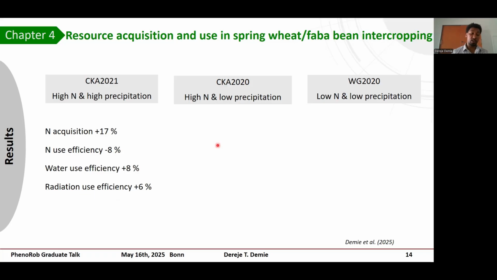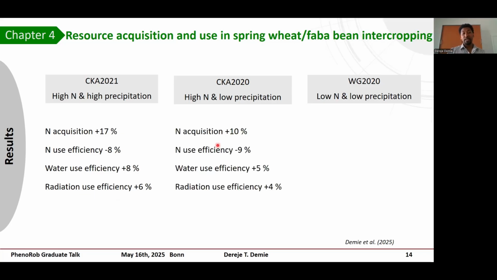Consequently, it also increases water use efficiency and radiation use efficiency to some extent. In CKA 2020, which is characterized by higher nitrogen and lower precipitation, intercropping relatively improved nitrogen acquisition, but it also reduced nitrogen use efficiency.